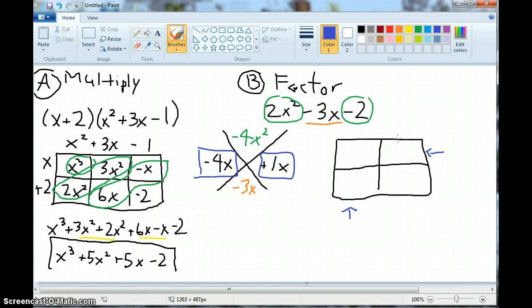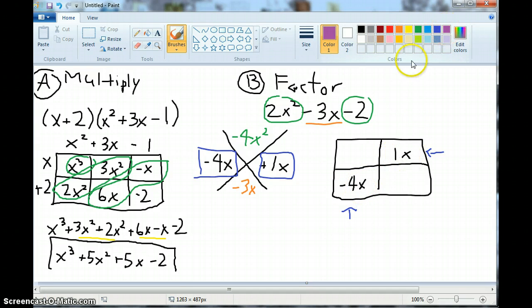Another way I think about it is if I took a regular rectangle, any rectangle, and I flipped it 90 degrees, and now it's standing vertically, has it really changed? No. So same thing. Okay, so I'm going to go ahead and put those in. We got negative 4x here. I'll just put it here, and that means I have to put the positive 1x right here.